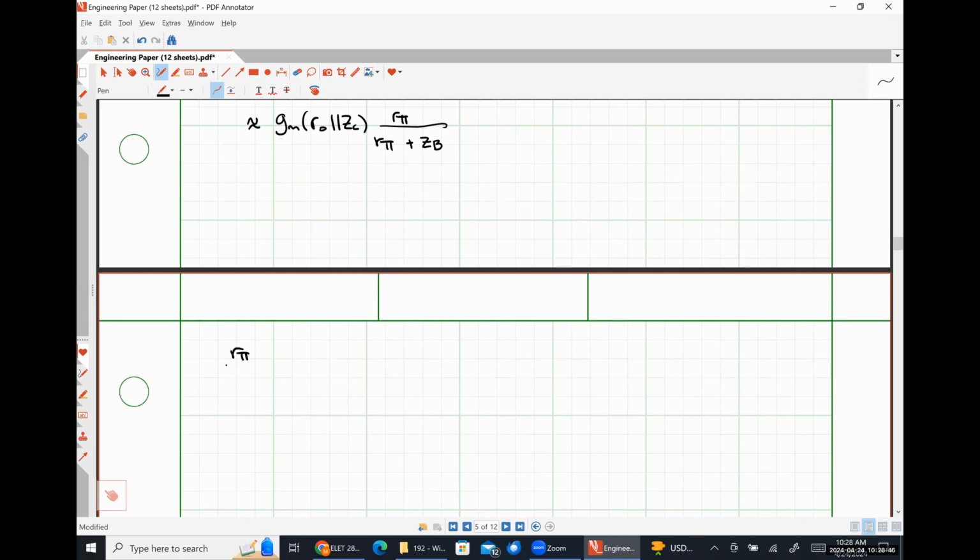So R pi over R pi plus ZB is R pi over R pi plus R1 in parallel with R2 over 1 plus S R1 in parallel with R2 times CB.